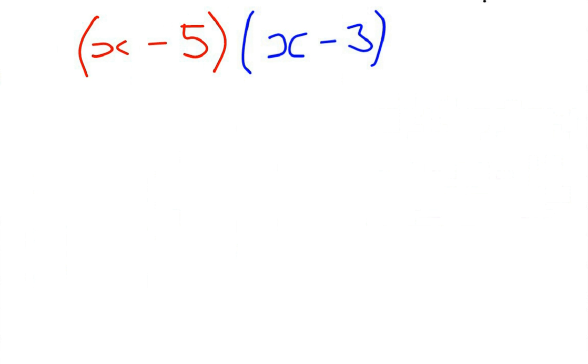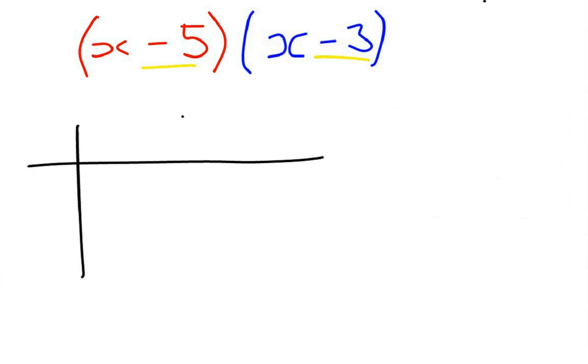What makes this question more difficult than the previous ones is that both brackets have got a negative term in them, minus 5 in this one and minus 3 in this one. We're going to do it exactly the same as we did before, using our grid method. It's just in these ones we have to be a lot more careful and remember our rules for multiplying with negatives.